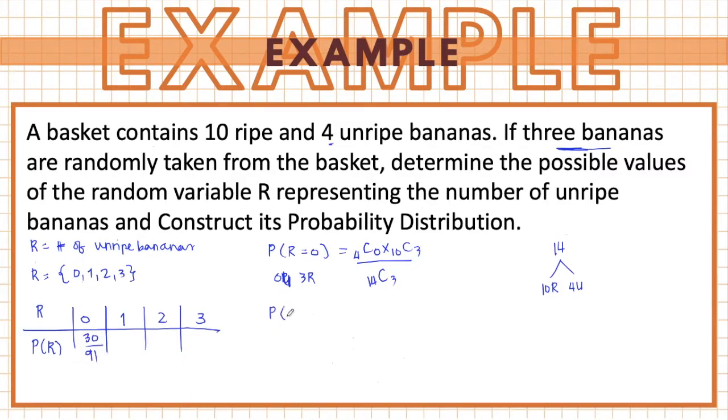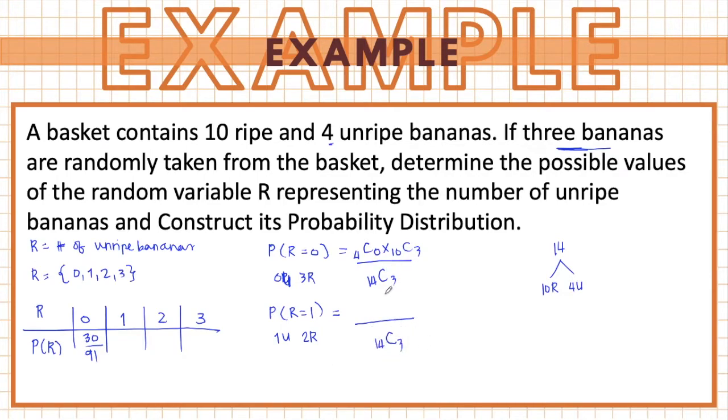Next, probability that R is equal to 1. So dito, ang favorable natin, makakakuha ng isang unripe banana, and then the rest are ripe. So 2 ripe bananas. Okay? And again, our all possible outcomes will be 14 choose 3.